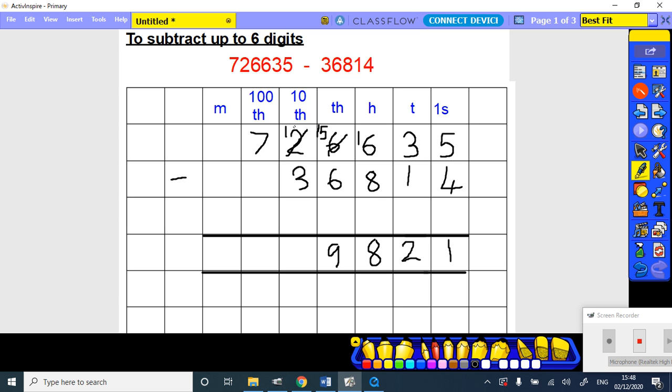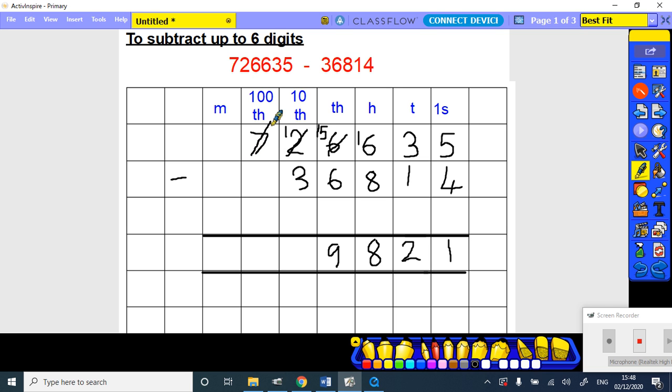We move on to our next column, which is the 10,000s. We have to do 1 lot of 10,000, so that's 10,000, take away 3 lots of 10,000, which is 30,000. Once again, our digit at the top is smaller than the digit below, so we cannot complete the operation. We move to the next column up, which is the hundred thousands, and we are going to take one of those 100,000s and place it in the 10,000 column. We currently have 700,000s.